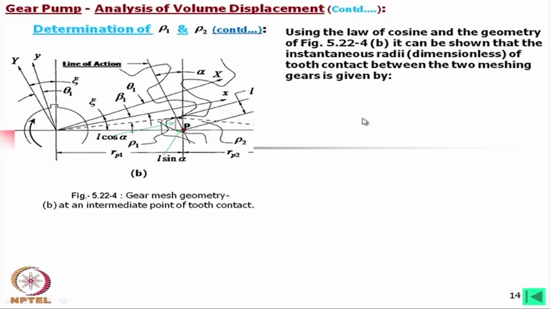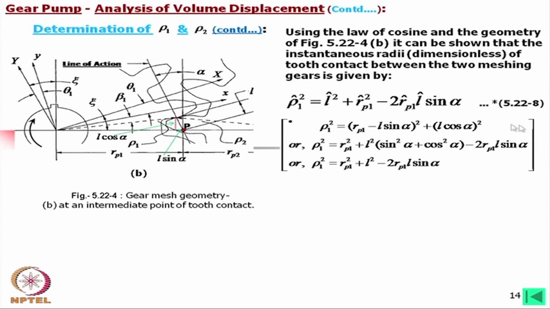point of contact, some point of contact, it can be shown that the instantaneous radius of tooth contact of the meshing gear is given by rho 1 squared is equal to L squared plus R P 1 squared minus 2 R P 1 L sin alpha. Now, this derivation is shown here.